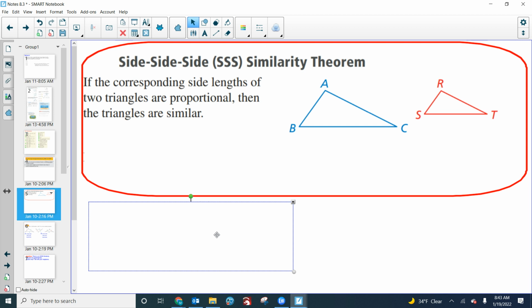If the corresponding side lengths are proportional, then the triangles are similar. And all 3 sets of sides have to be proportional. That's where the SSS comes from. Side similarity.